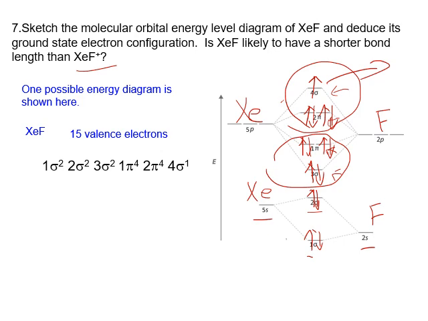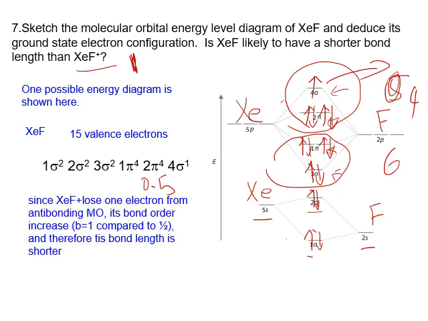The bond order is 6 in the bonding and 5 anti-bonding. 6 minus 5 is 1, divided by 2, so it's 0.5. After you remove an electron from anti-bonding, you have 4. 6 minus 4 is 2, 2 divided by 2 is 1. So the cation bond order is 1, and therefore it becomes stronger.